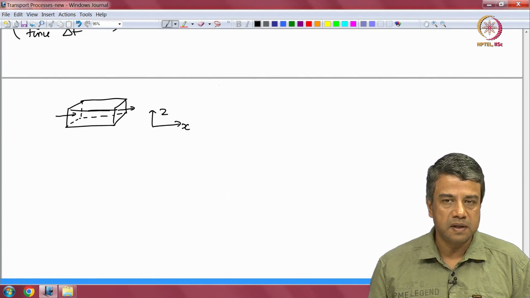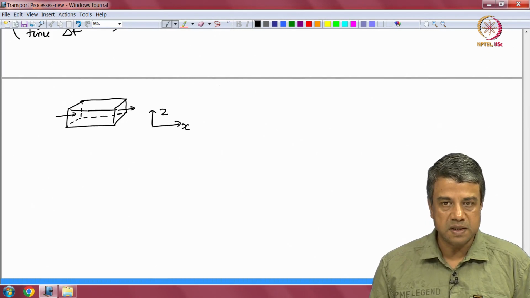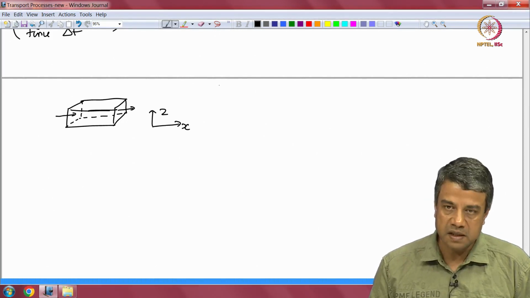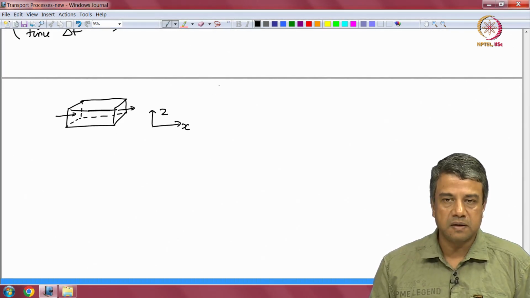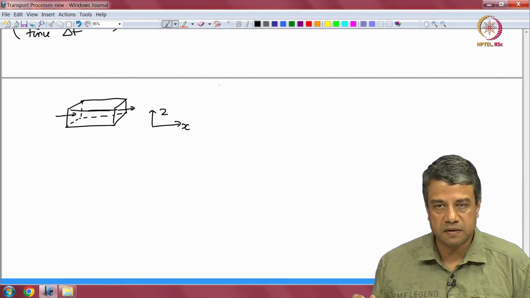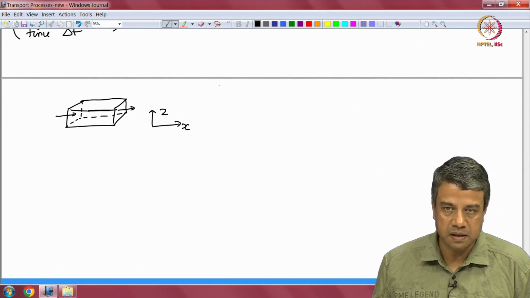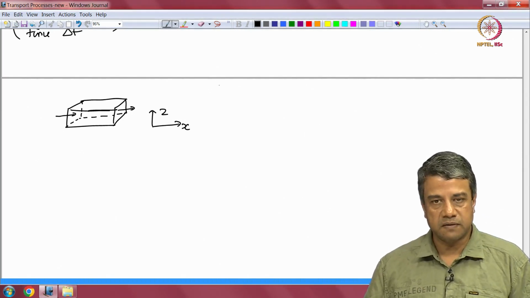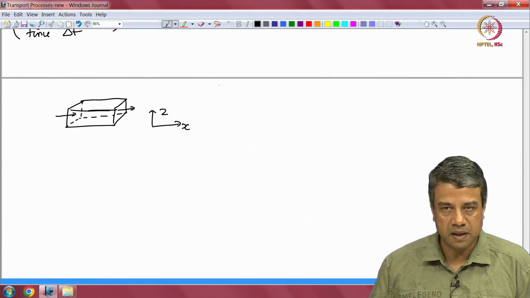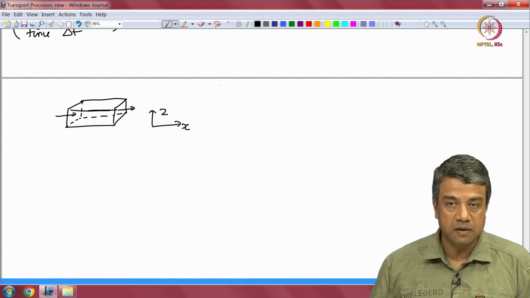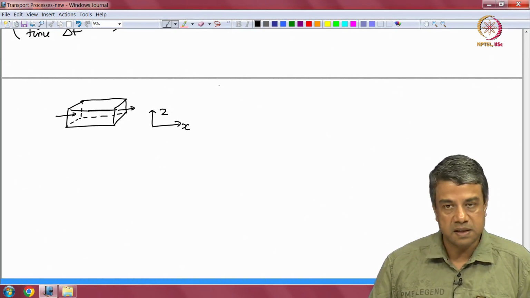In this particular case, we are considering unidirectional flow, unidirectional transport, where the velocity is in the x direction, but the velocity variation is only in the z direction, the vertical direction. Therefore, the velocity on the left face and on the right face are the same. There is momentum coming in on the left and momentum leaving on the right. Since the velocity is equal on both faces, the net momentum coming in and going out due to convection is exactly the same.